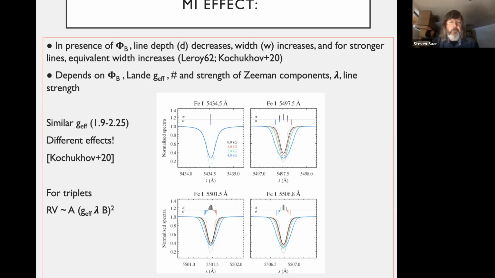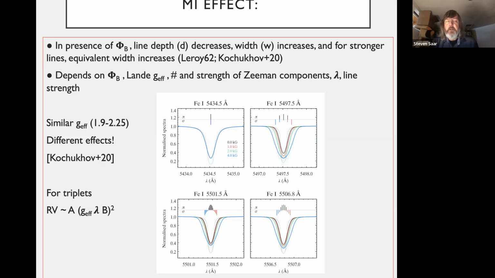Here's an example from a paper by Chukov, 2020. Four quite similar iron lines, similar wavelengths. One of them has a Landé g of 0, so no magnetic effect at all, that's upper left. And then the other three all have pretty similar g effective values, but the anomalous patterns are quite different. And that's indicated at top there.